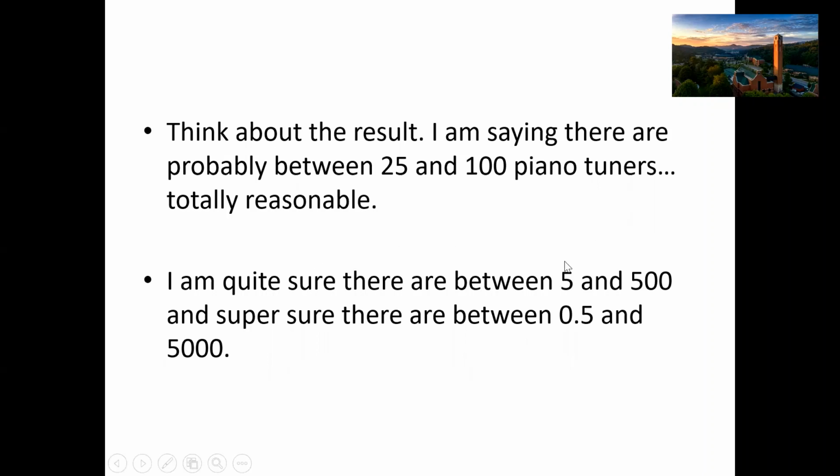Even more so, I'm very sure that the number is above 5, 2 orders of magnitude smaller than 50, and smaller than 5,000, which is 2 orders of magnitude bigger than 50.